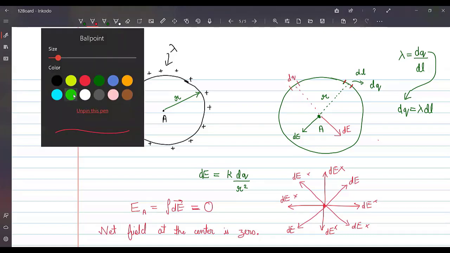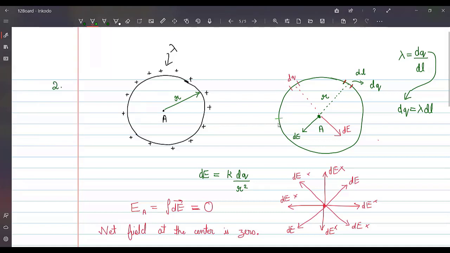If you take charge anywhere else, it will give field in the direction opposite to it, away from it. So like this, if you take the electric field due to all the point charges, it will basically be fields around a point in a circle.